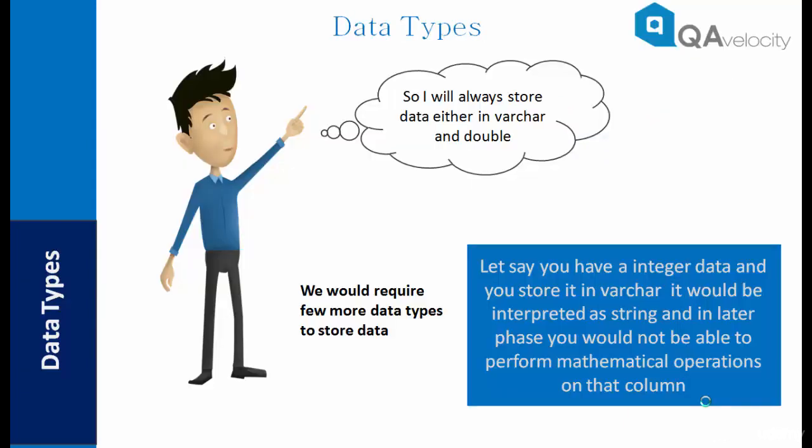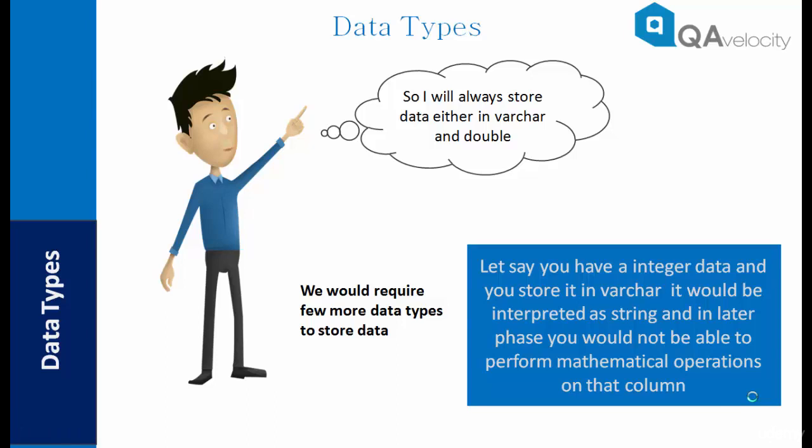As we have seen in the previous example, we have used only two of the data types, varchar and double. The question which comes to mind is, are there more data types available? And the answer is yes, there are a few more data types available in a database. Why should we use multiple data types? Can't we store all the data in these data types? Alright, that's an obvious question.